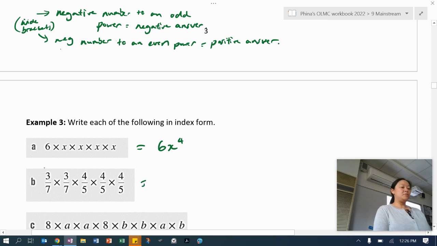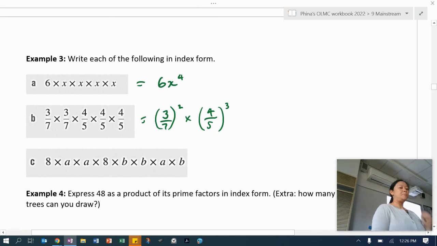Then this one, we've got 2 3/7, so 3 over 7 to the power of 2. And make sure your bracket covers the whole fraction. And then times 4/5 to the power of 3. It doesn't say evaluate, it just says write the following in index form.